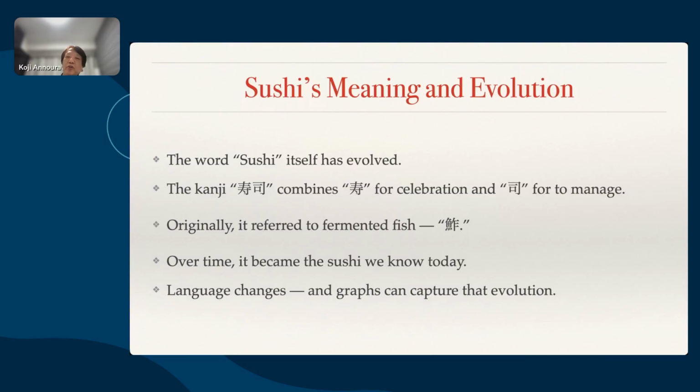Sushi combines su, but kotobuki, meaning celebration, and shi, tsukasadoru, meaning to manage. Originally, it referred to fermented fish, su. Over time, it became the sushi we know today.